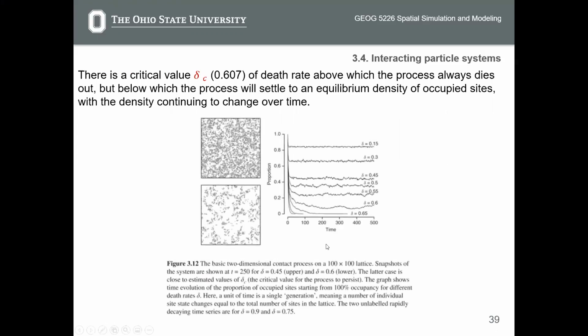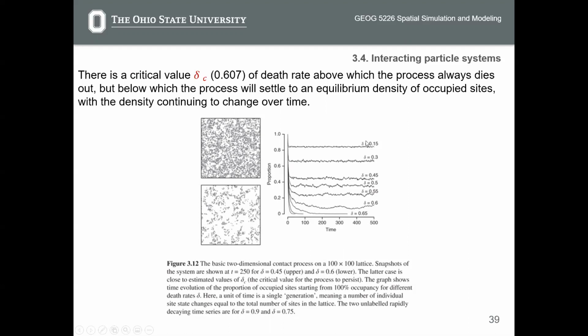So here are some simulation results from the textbook. We have the horizontal axis for time or ticks, 100 ticks, 200 ticks, until 500 ticks. The vertical axis is for the proportion of ones, or occupied cells, or living cells. You can see that for different delta values, we have different curves.